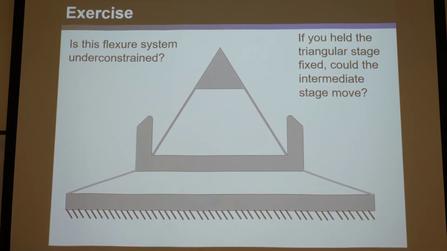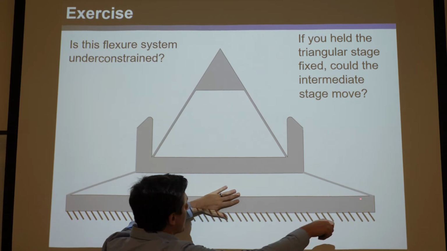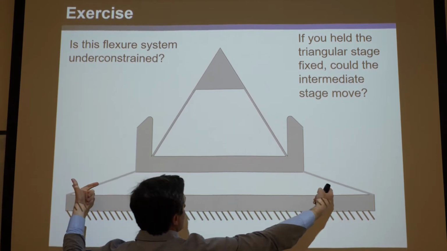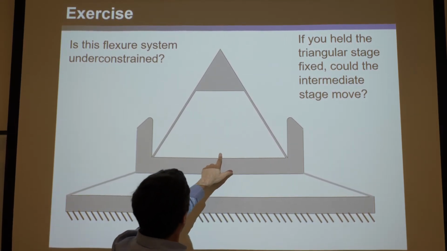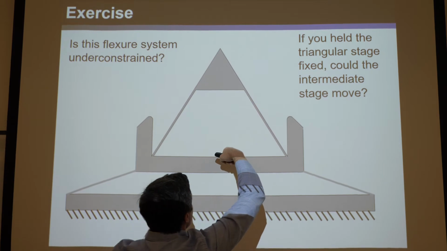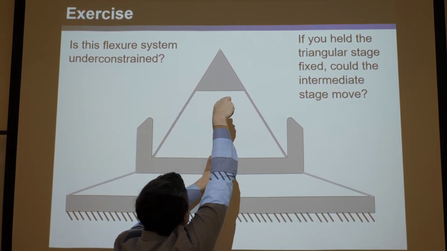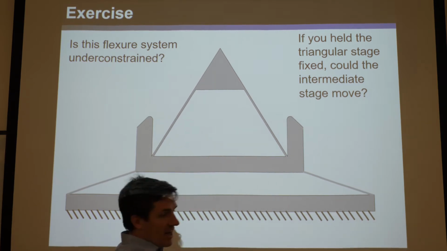The question is, is it? Well, now the degree of freedom of this guy, if I hold this fixed, is where these two guys intersect, somewhere approximately like maybe there. And so this guy would now rotate around that axis. But then this guy, if I hold this fixed, now rotates around that same axis.